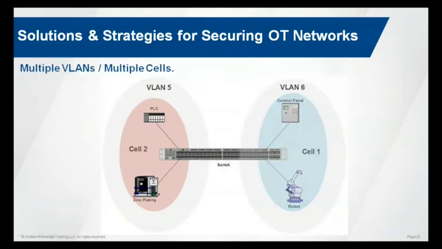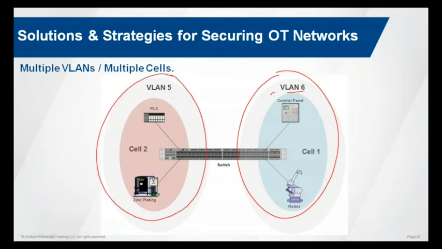But why don't we use multiple VLANs, so that each cell has a unique VLAN, just like you see here? Here we have VLAN 6, and for cell number 2 we have VLAN 5. You might say this resolves the problem, but wait.